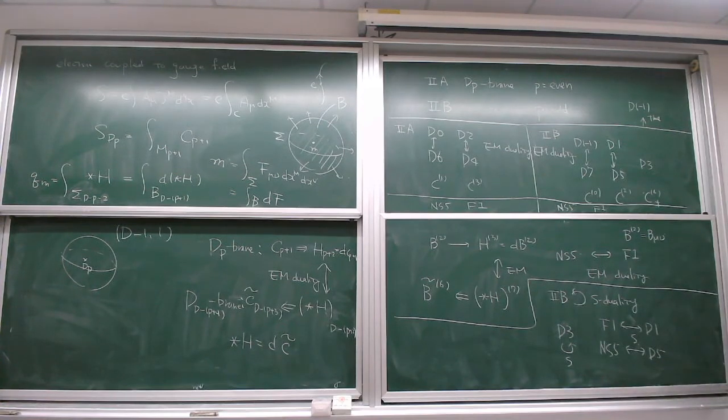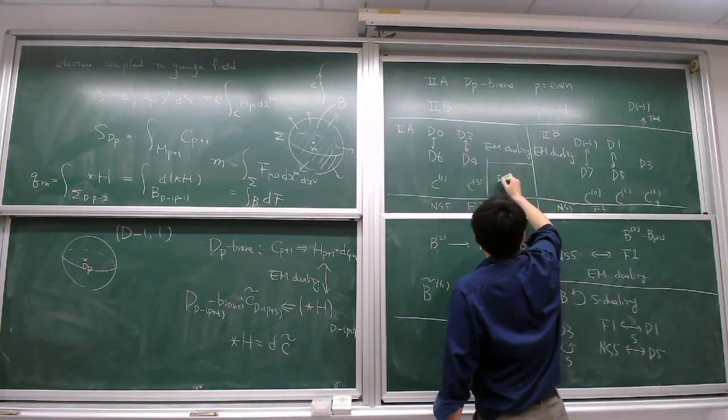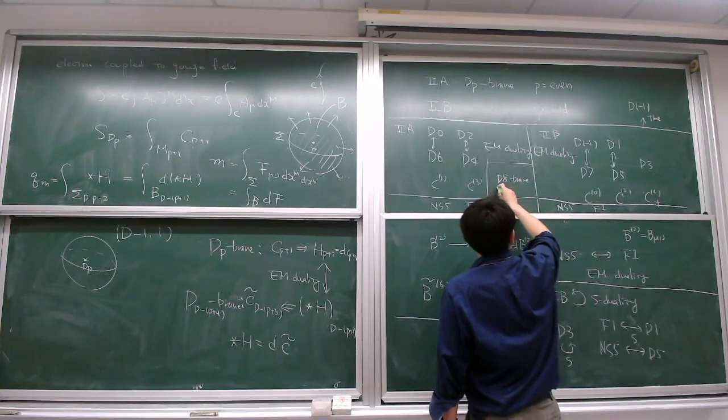Furthermore, we will see a non-dynamical object called the D8 brane, which you can incorporate.